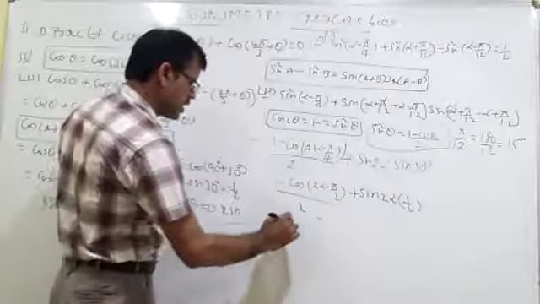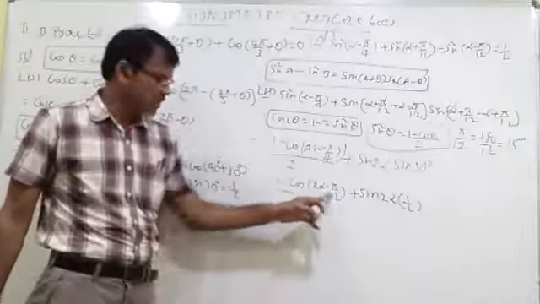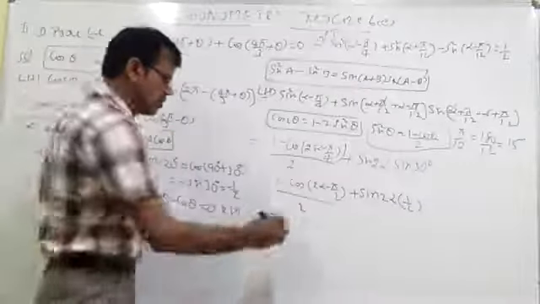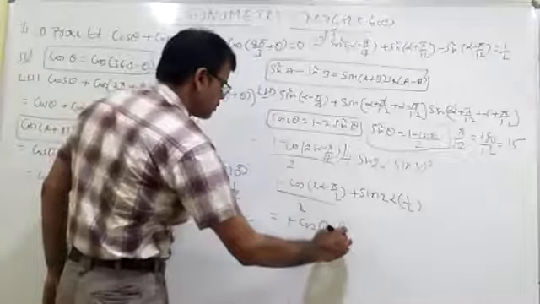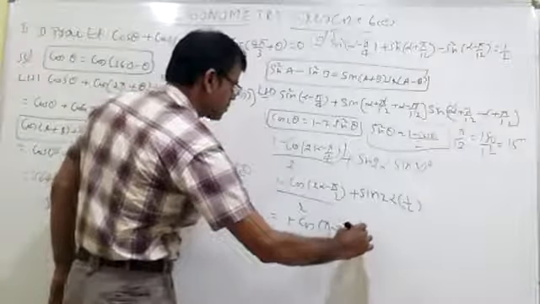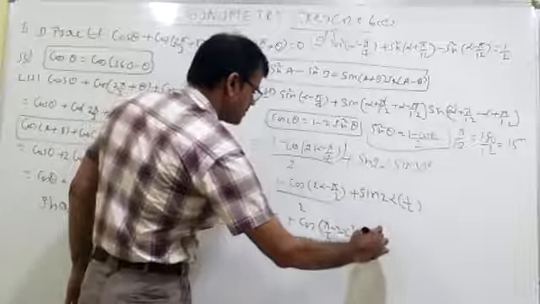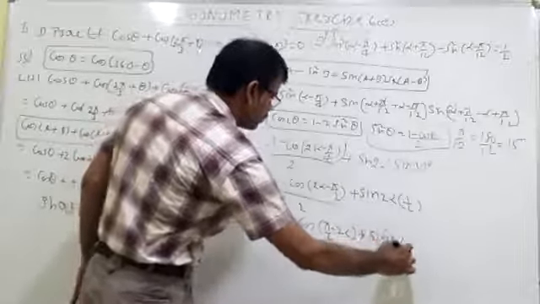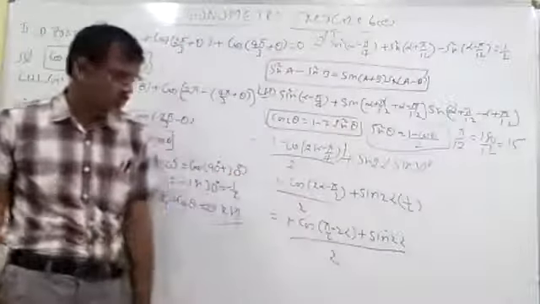Now we can write, remember the formula cos of minus theta is cos theta. In reverse I am writing here cos of pi by 2 minus 2 alpha plus simply sin 2 alpha. Whole by 2, I am writing by taking LCM for this one 2, for this one 2.